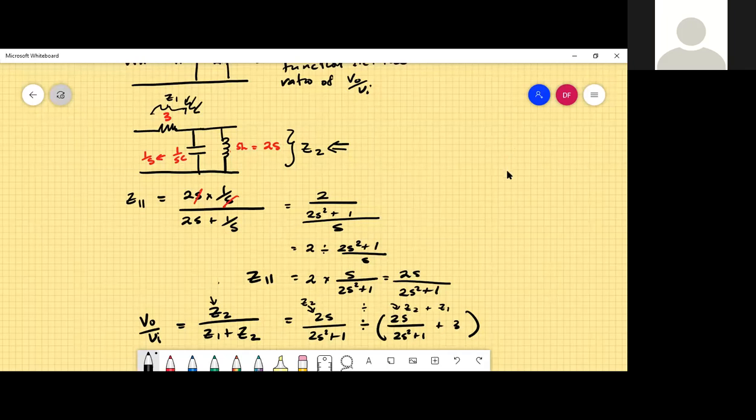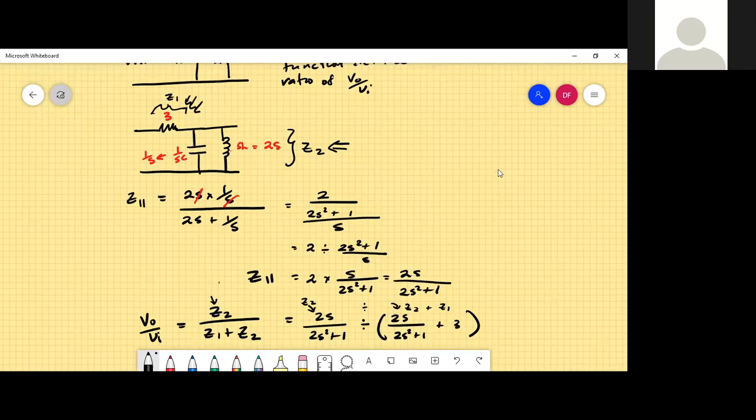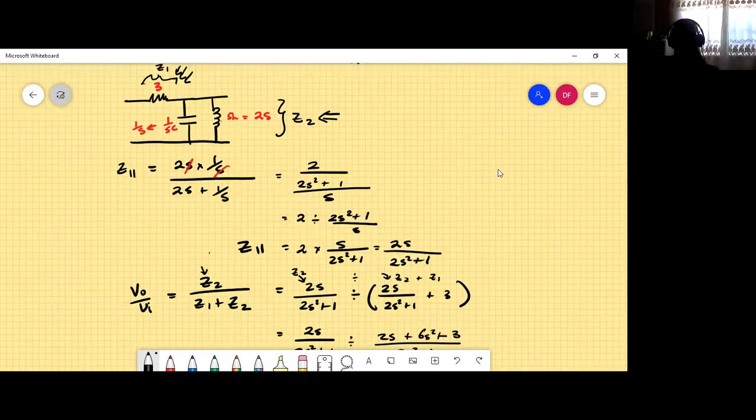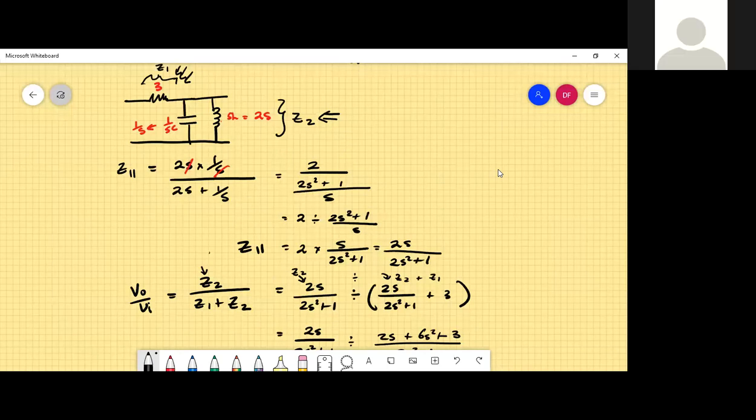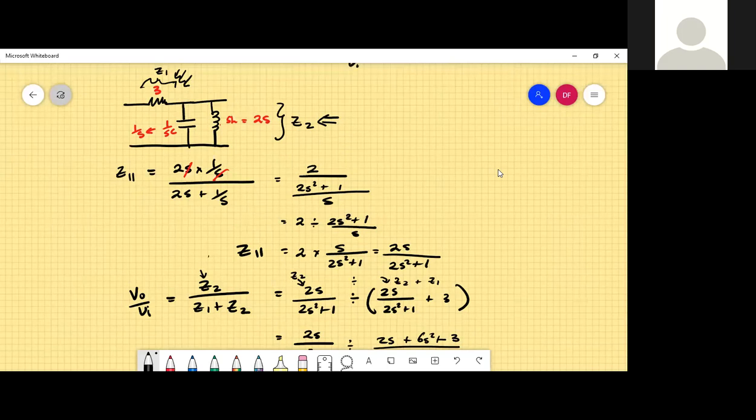You said the transfer function is the ratio of the output over the input, but it seems we're using Z2 over Z1 plus Z2 as the voltage divider rule.